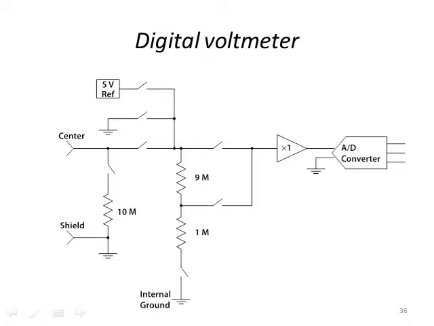So we have an analog input, and then the instrument will condition the signal. You can configure your input impedance to minimize errors for better measurement. And then the system will convert the analog signal into a digital signal, and then it will give you the display of the voltmeter.